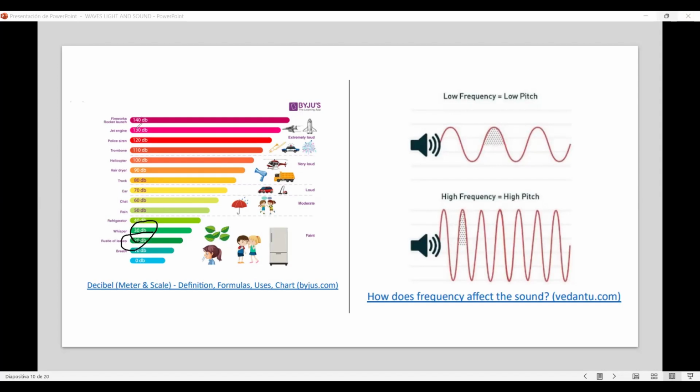But if you compare that with a fireworks rocket launch, the difference is notorious, which is 140 decibels. And that's what we call the volume intensity. Okay, so then we have the pitch, right?